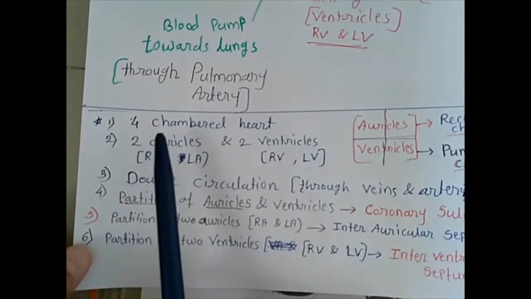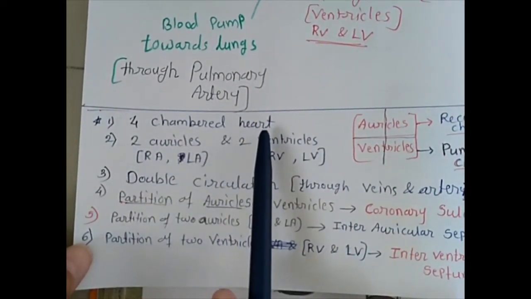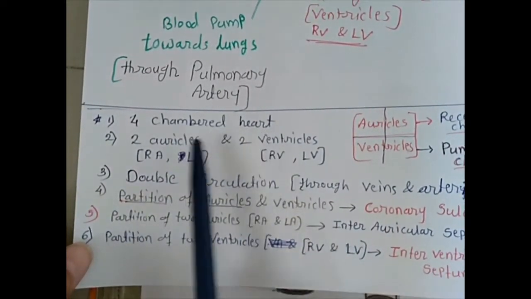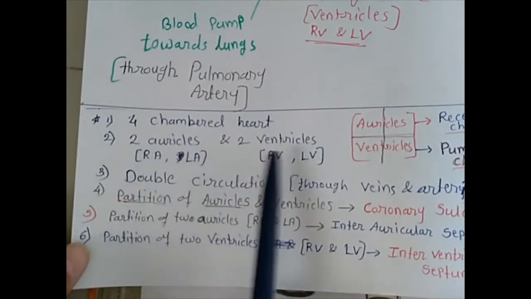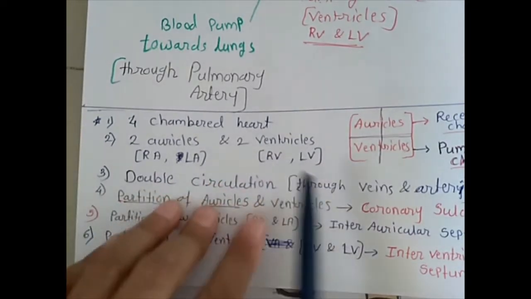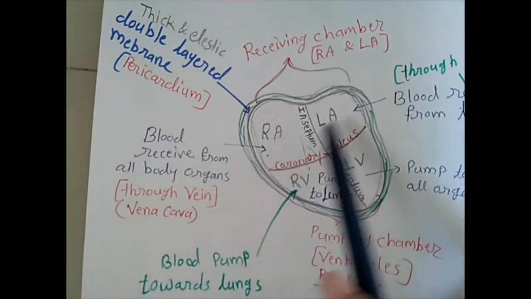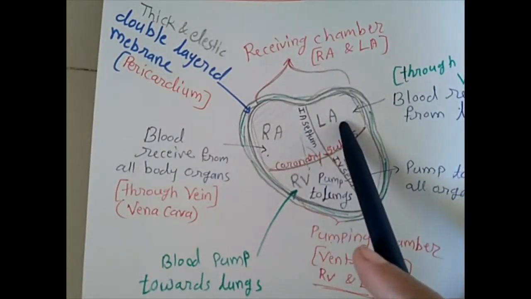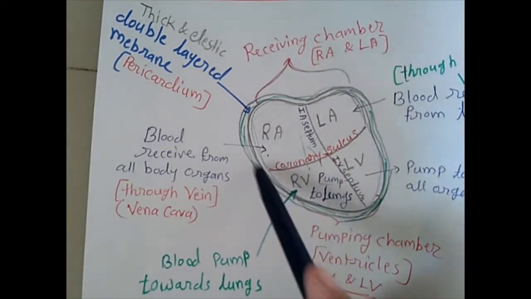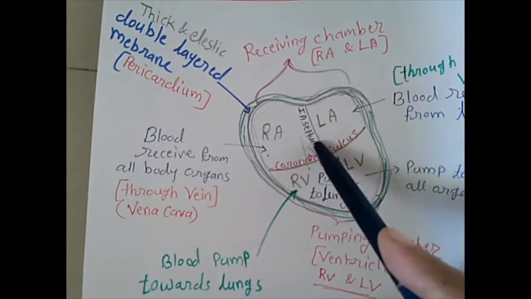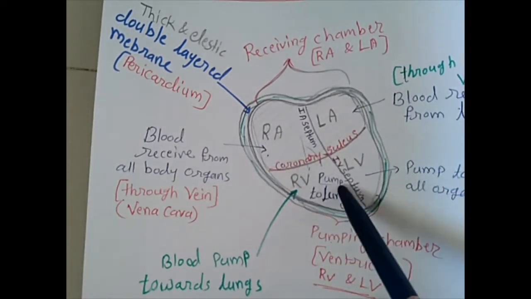So the heart is a four chambered organ. It has two auricles and two ventricles. The upper part of the heart is called auricles and the lower part of the heart is called ventricles.